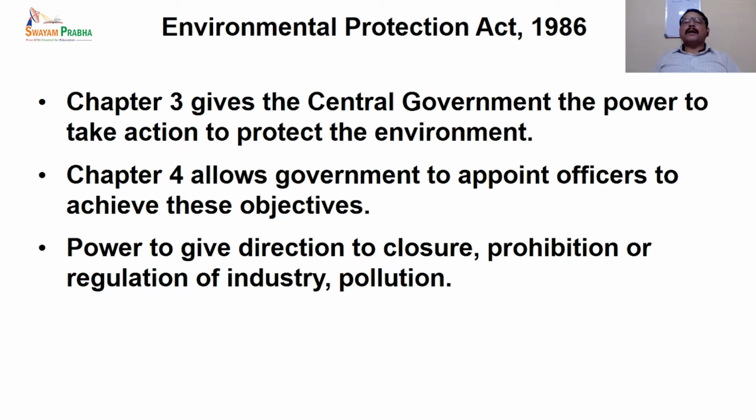Chapter 4 allows the government to appoint officers, that is the state authorities or the central authorities, to achieve these objectives of protecting the environment. The power is given to direct closure, prohibiting or regulating the industry, and if it is polluting, they can even order closure of the industry, apply some penalties, or make a complete lockdown of the industry. All these things are given in chapter 4.